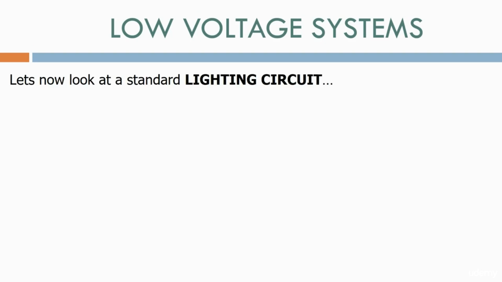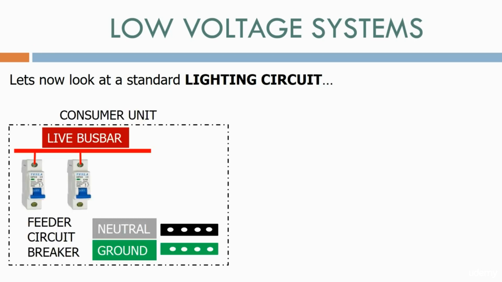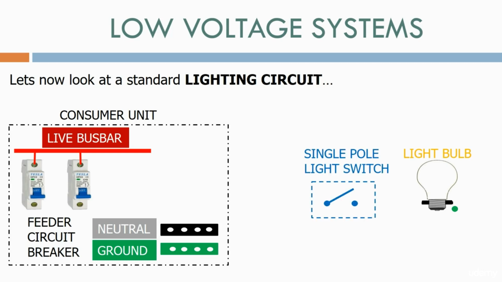Let's now look at a standard lighting circuit. Here we have our consumer unit from before. Firstly, we have a light bulb with a live, neutral and ground connection. We have a single pole light switch with 2 connections.